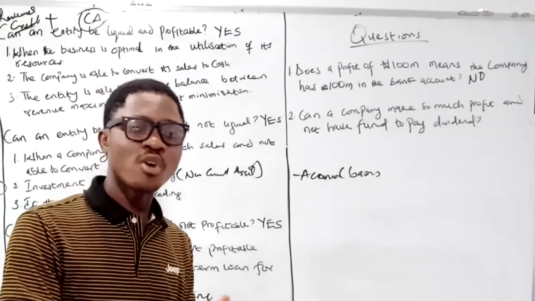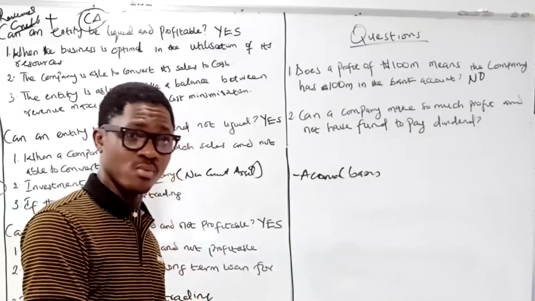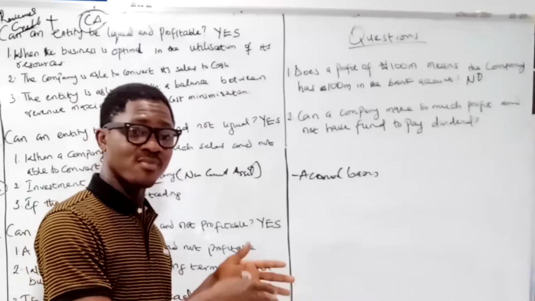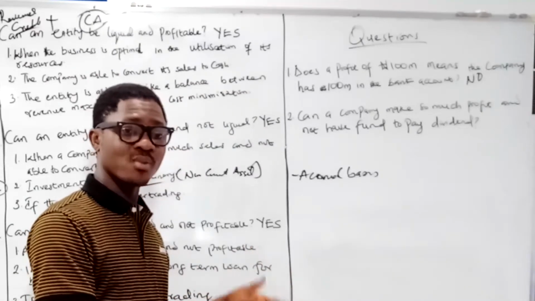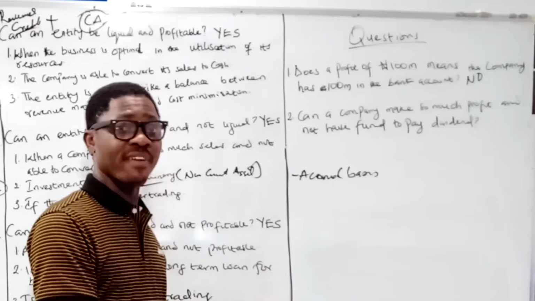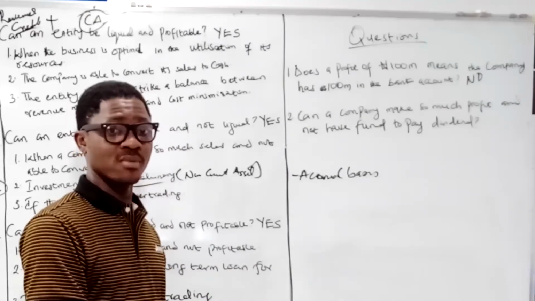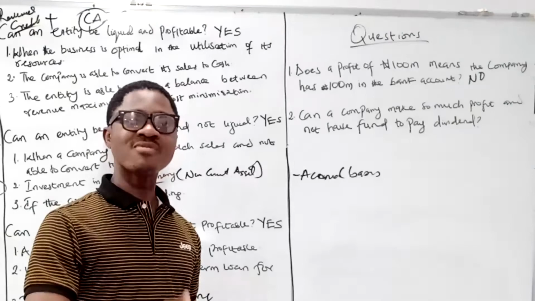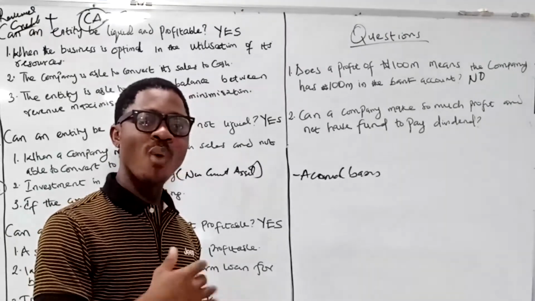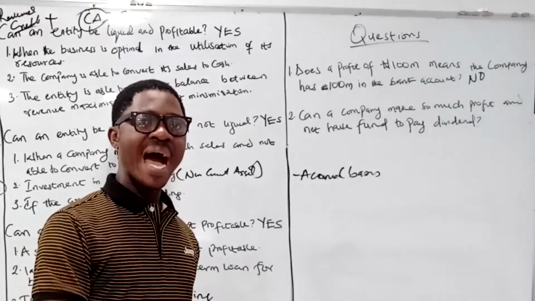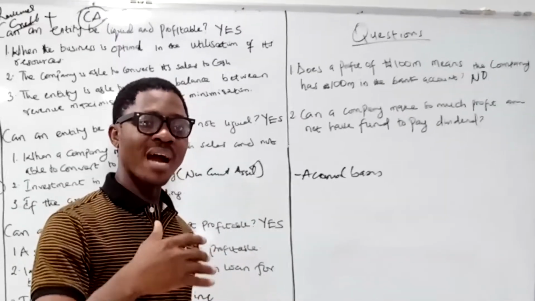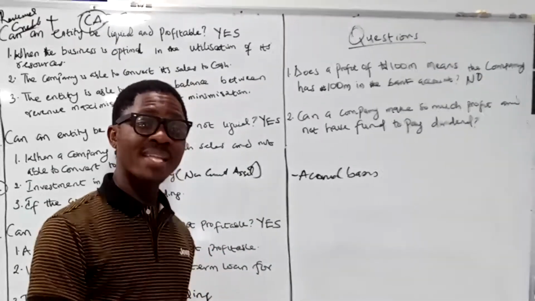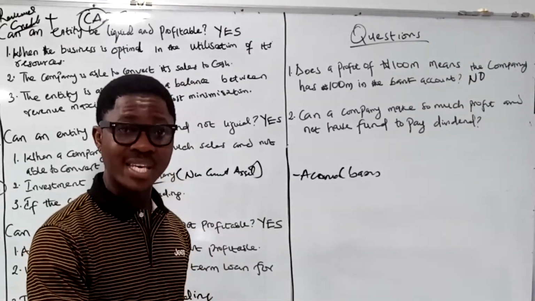To answer this question, we look at accrual basis. Accrual basis recognizes income when revenue is earned, and records expenses when liabilities are incurred.